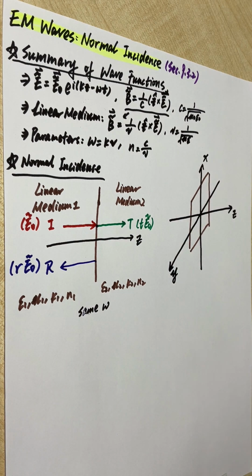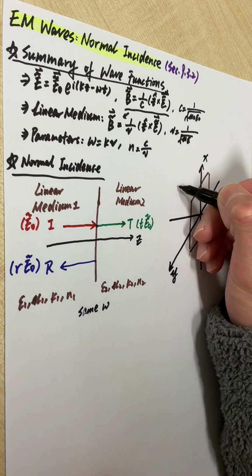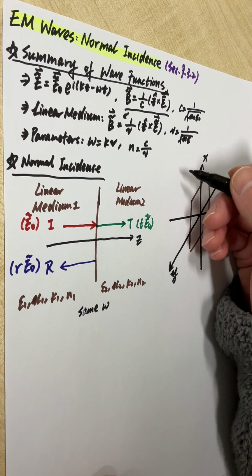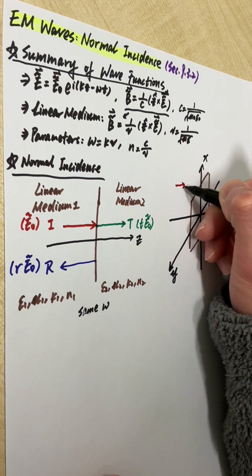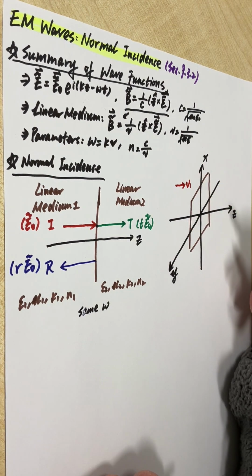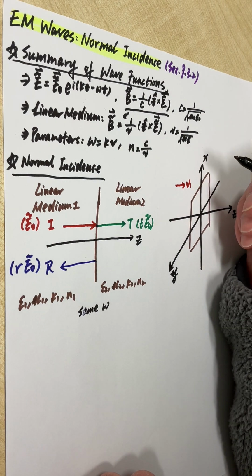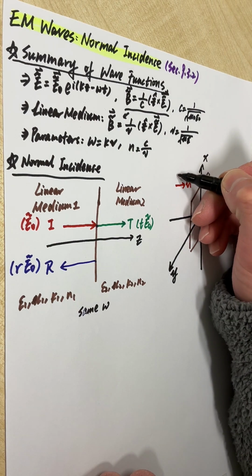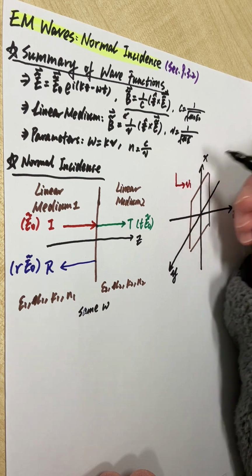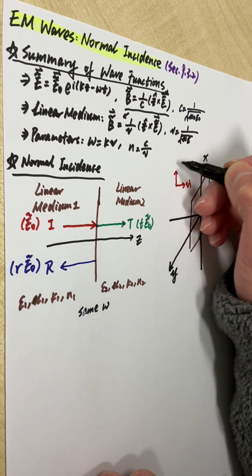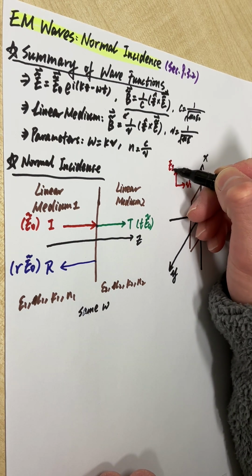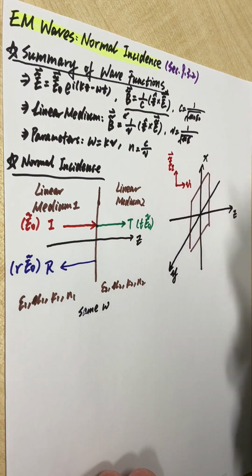Okay, so now we have the incident wave coming down in the direction z at a velocity v1. We assume the electric field polarization is in the x direction, so we have EI like this.